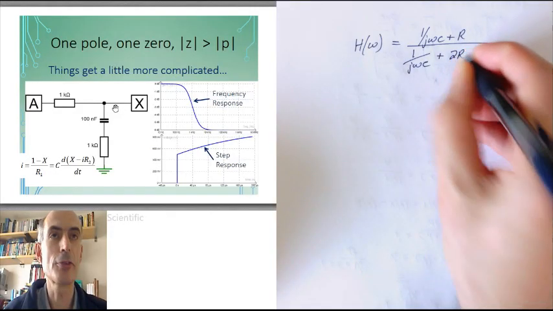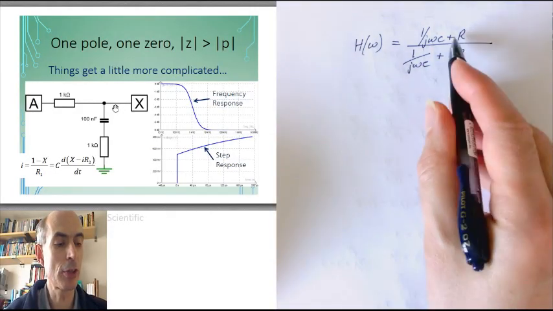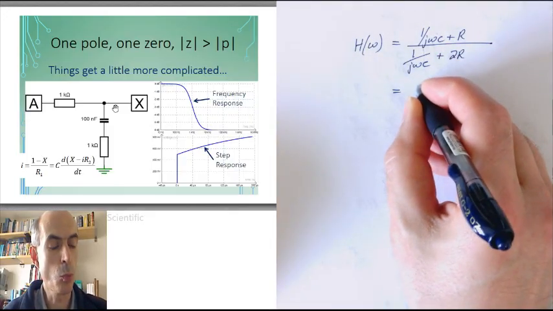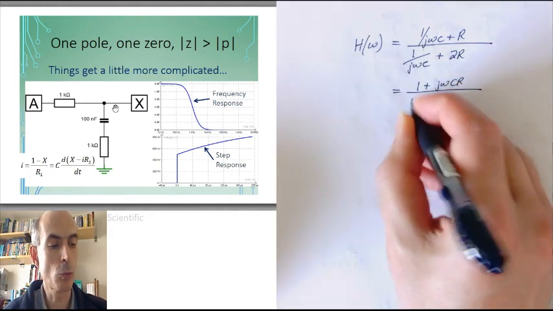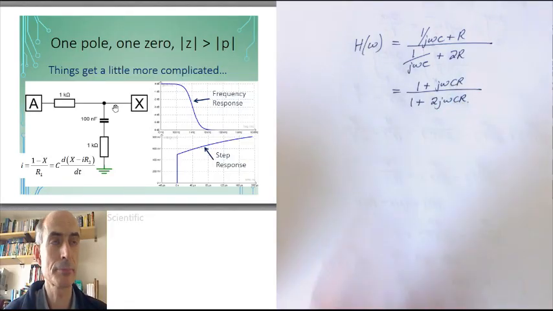There are 2 R's in the network. Multiply up by j omega C to get this in terms of the ratio of 2 polynomials, and we'd get 1 plus j omega CR all over 1 plus 2 times j omega CR.